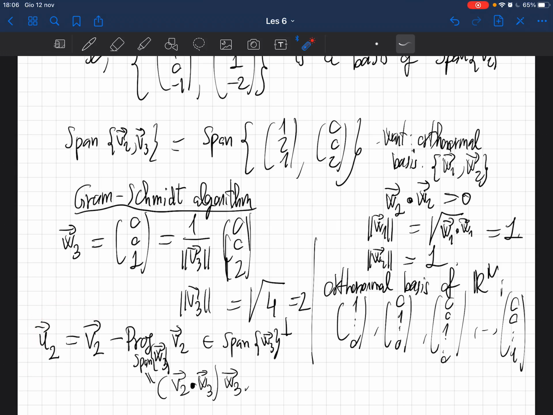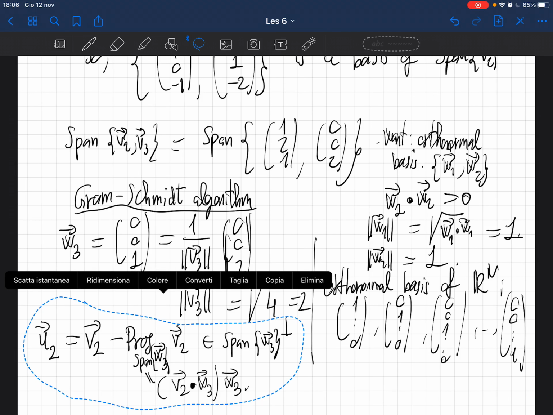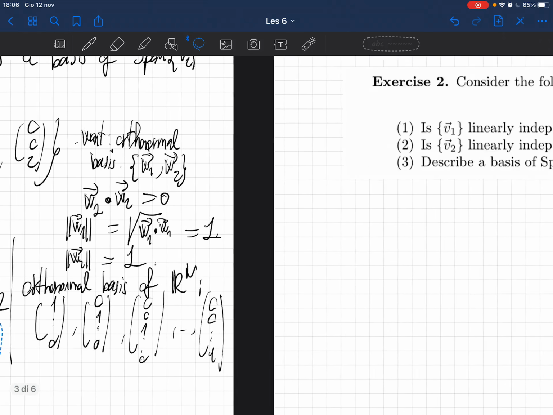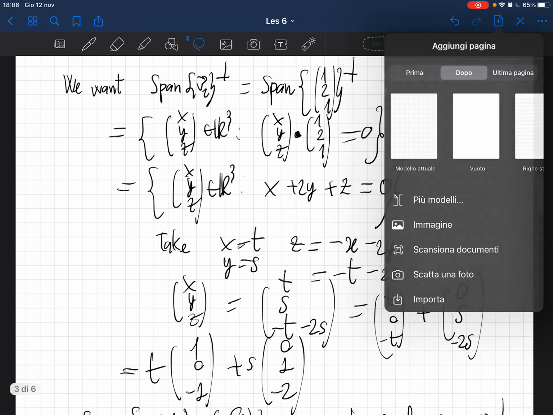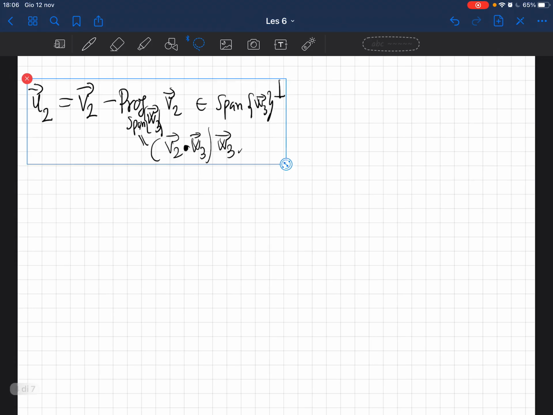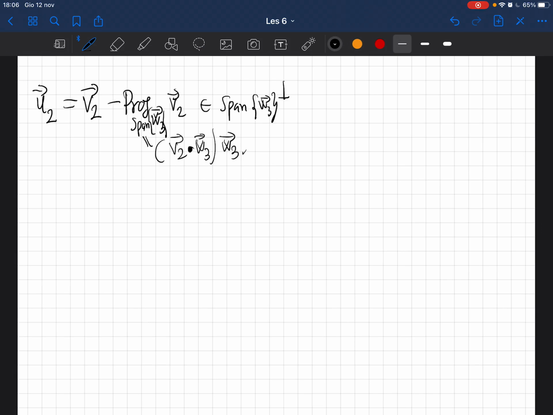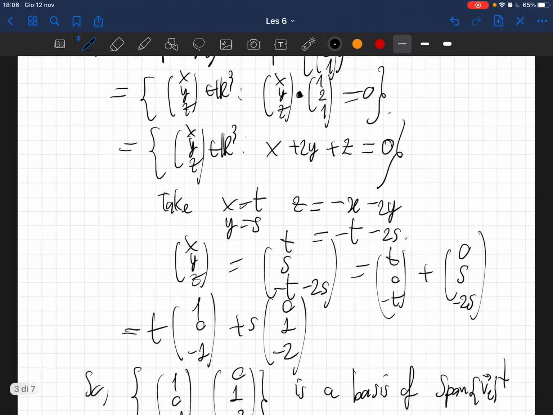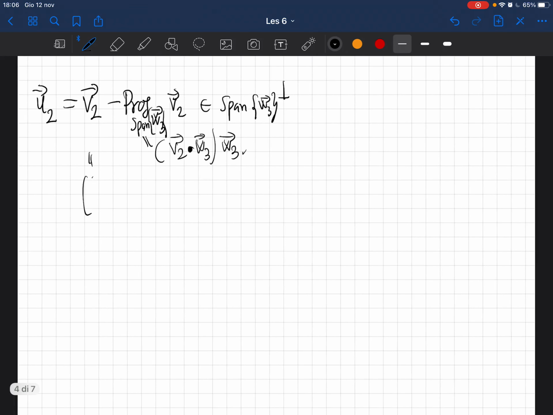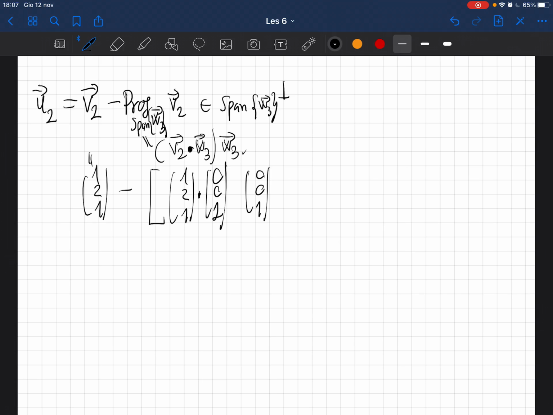So we just have to do some computations here. Let me copy this in the following page. I have to make a new page again. Okay, so let's do this computation now. V2 is 1, 2, 1 minus, so this is 1, 2, 1 times 0, 0, 1, but this is just 1.